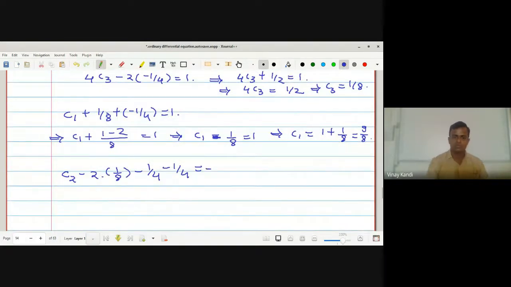Here you take C2 to the other side: minus 3 by 4 is equal to minus 1, which implies C2 is equal to minus 1 plus 3 by 4, which implies C2 is minus 1 by 4.